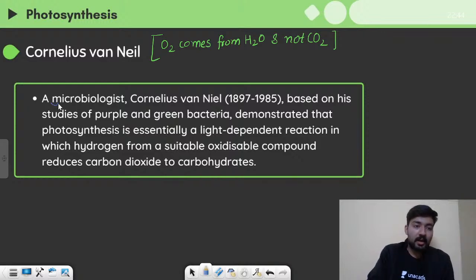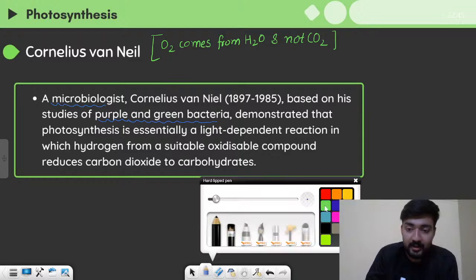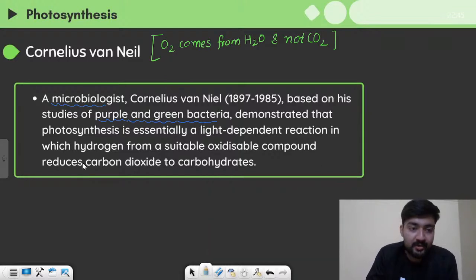Cornelius Van Niel was a microbiologist. Based on his studies of purple and green bacteria, he demonstrated that photosynthesis is essentially a light dependent reaction in which hydrogen from a suitable oxidizable compound reduces carbon dioxide to carbohydrates.